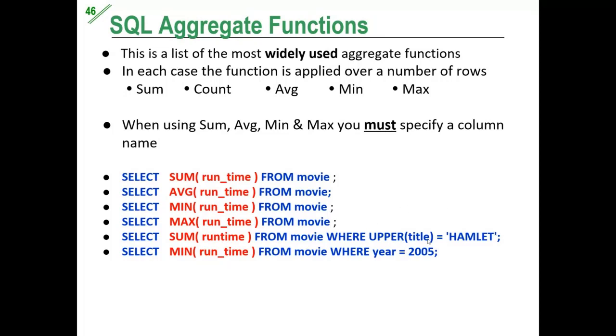But in this case, I have a where clause restriction. I want only the total runtime for the movies with the title Hamlet. The last one, I'm calculating the minimum runtime value, but I need to focus only on the release year 2005, right?